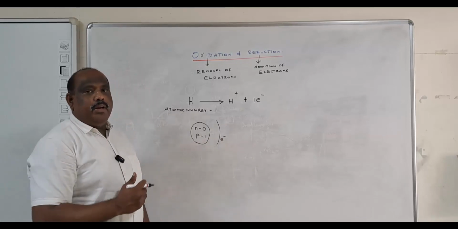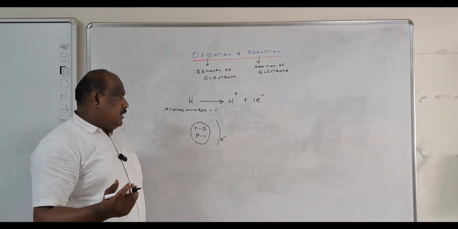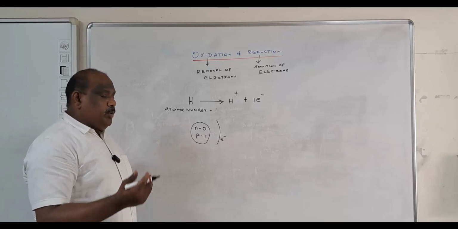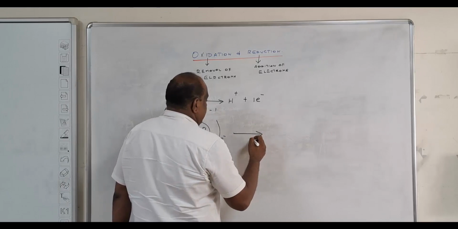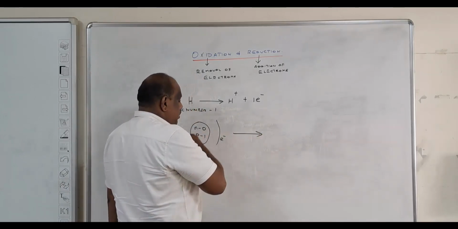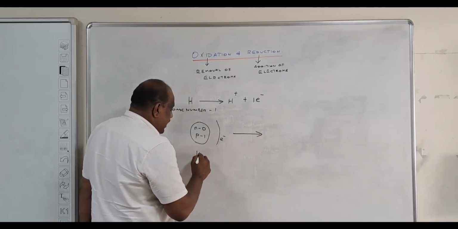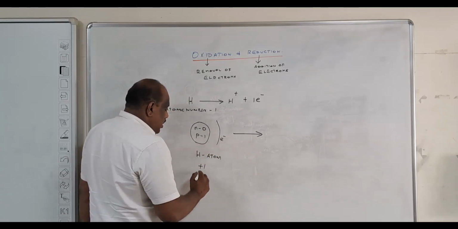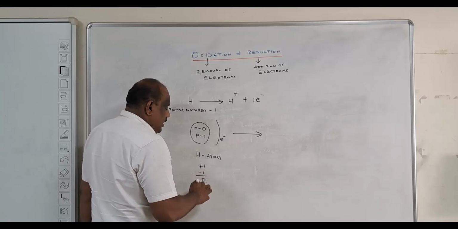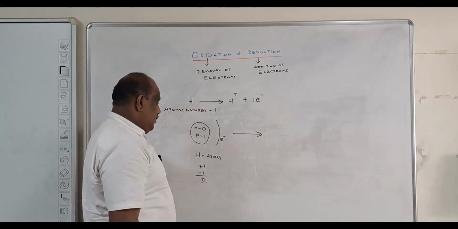When I give external energy, called ionization energy, I want to make this atom an ion. This is my hydrogen atom, which is neutral because it has 1 positive charge and 1 negative charge.